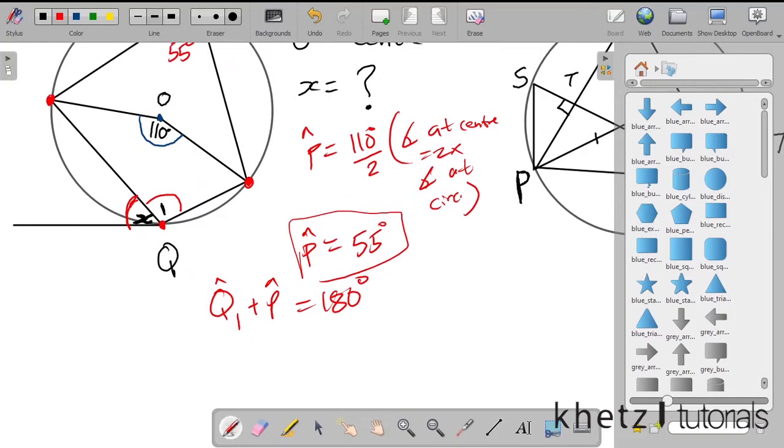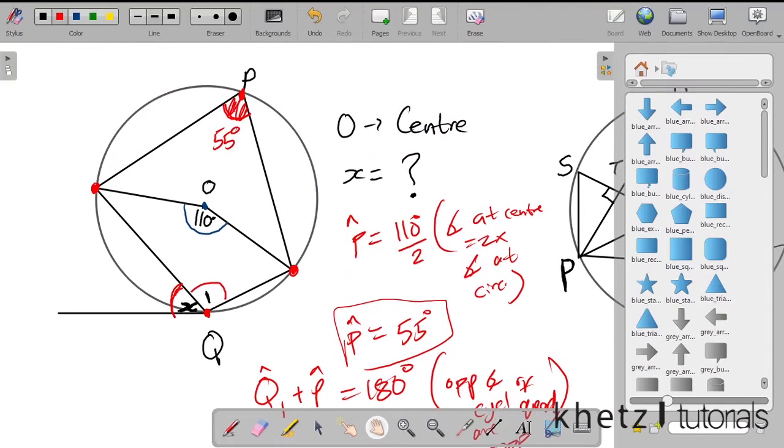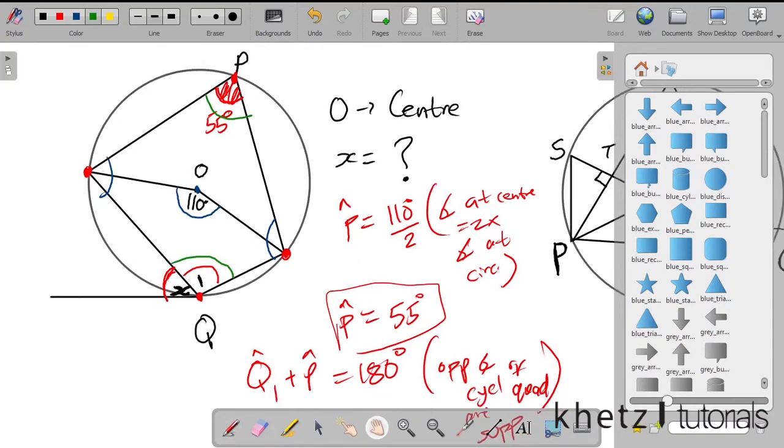You have to provide a reason for that, and the reason would be opposite angles of cyclic quadrilateral. So the opposite angles of a cyclic quadrilateral are supplementary, and that is the reason. So the opposite angles have to add up to 180. This and that have to add up to 180, and this and that have to add up to 180 respectively, right?